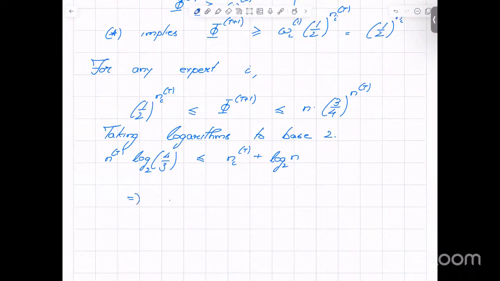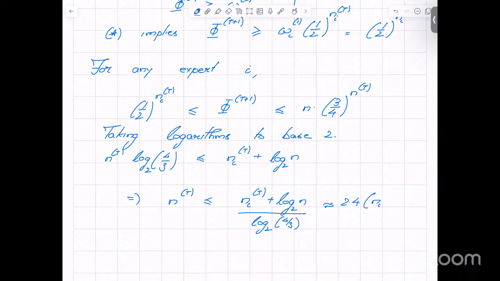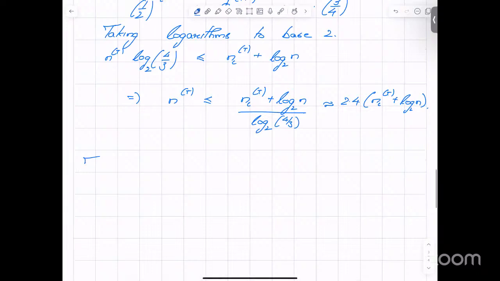That implies n of t is roughly 2.4 times ni of t plus log n. Okay, at the end of it, what I want to say is we proved the following.